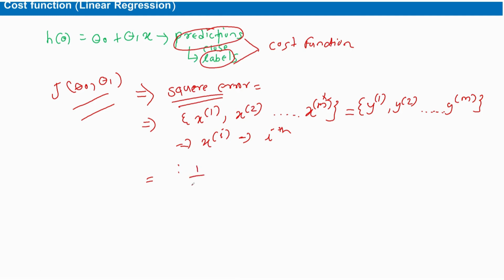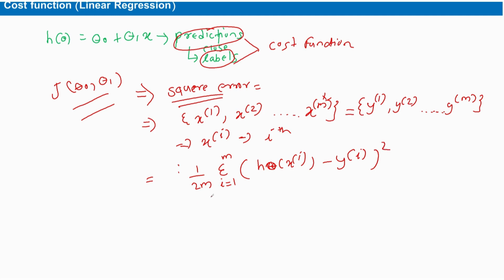The squared error cost function is defined as 1 upon 2m, summation of i equal to 1 to m, of h of theta xi minus yi, squared.